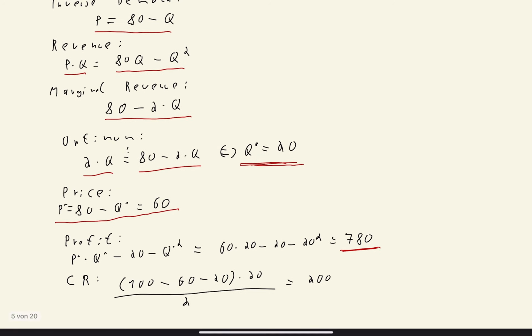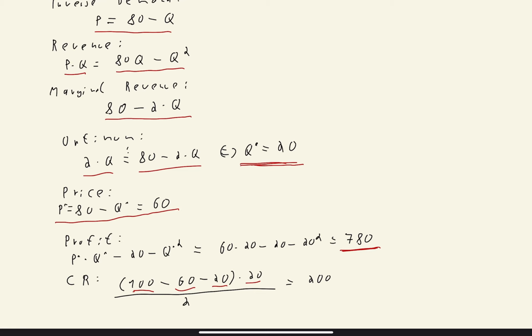The consumer rent is then, so here you have to be careful, because the consumers not only pay the price, which is determined in equilibrium here, but also the tax. So you take the choke price of 100 and you subtract from this the price in addition to the tax that consumers have to pay.